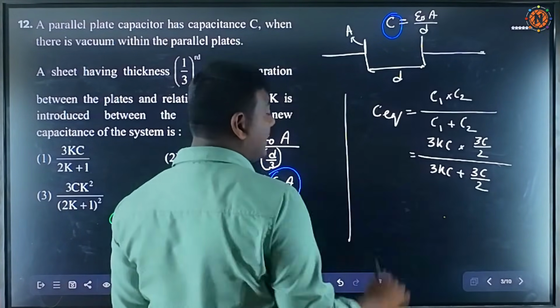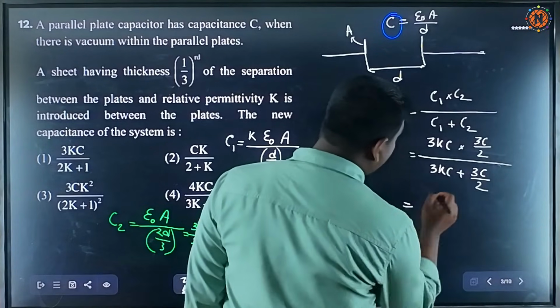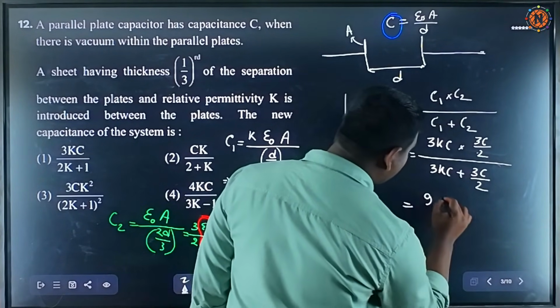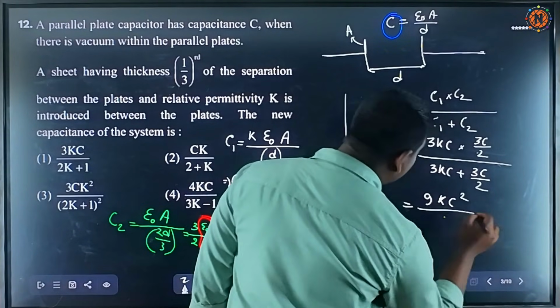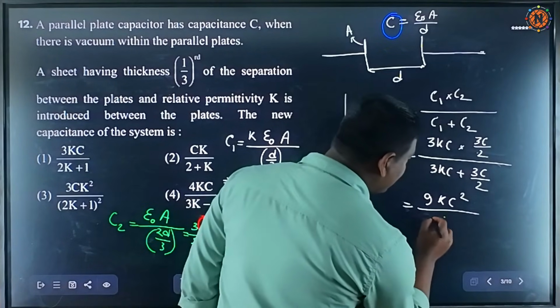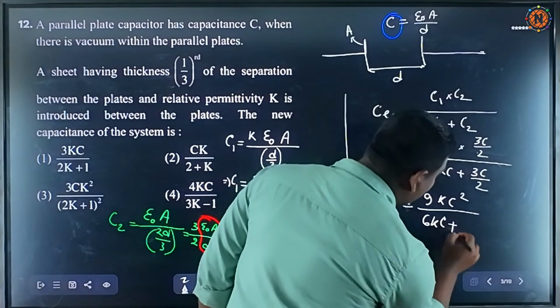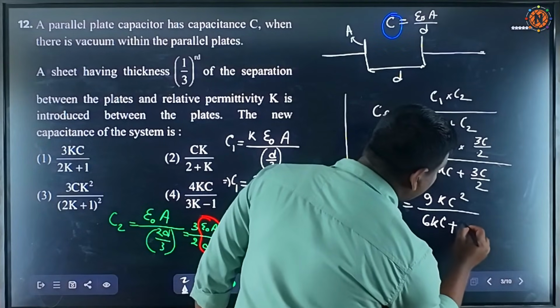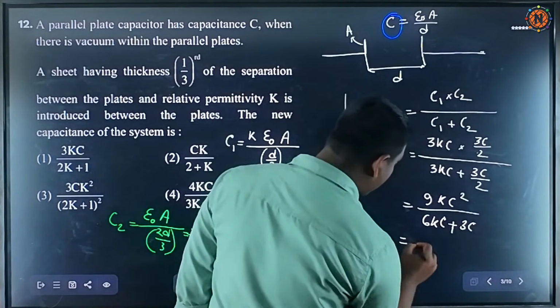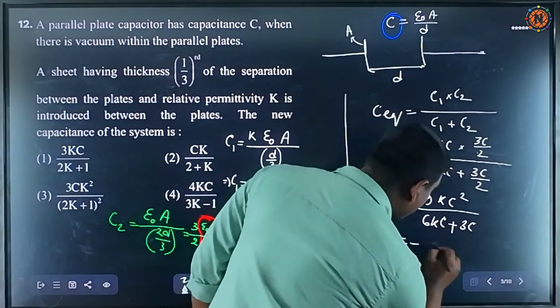Multiply numerator and denominator by 2. So these 2 will be cancelled. In the numerator we will have 9KC square, and since we have multiplied with 2, the denominator is 6KC plus 3C.